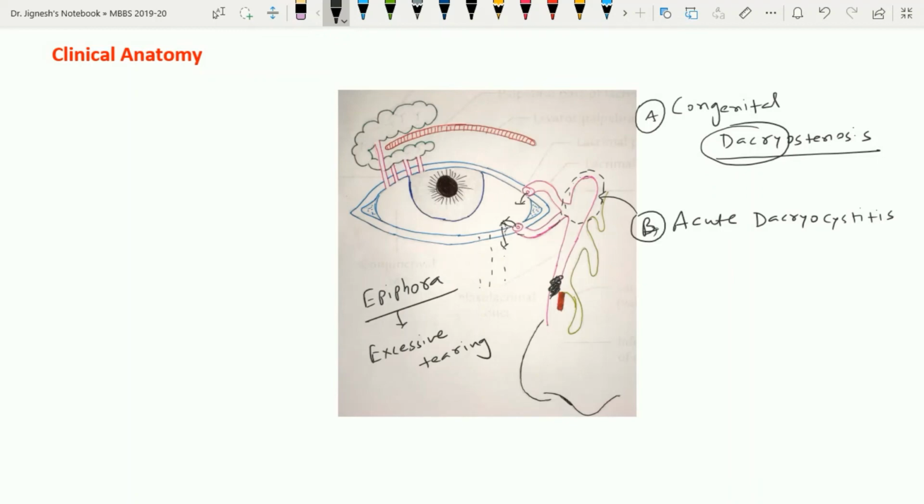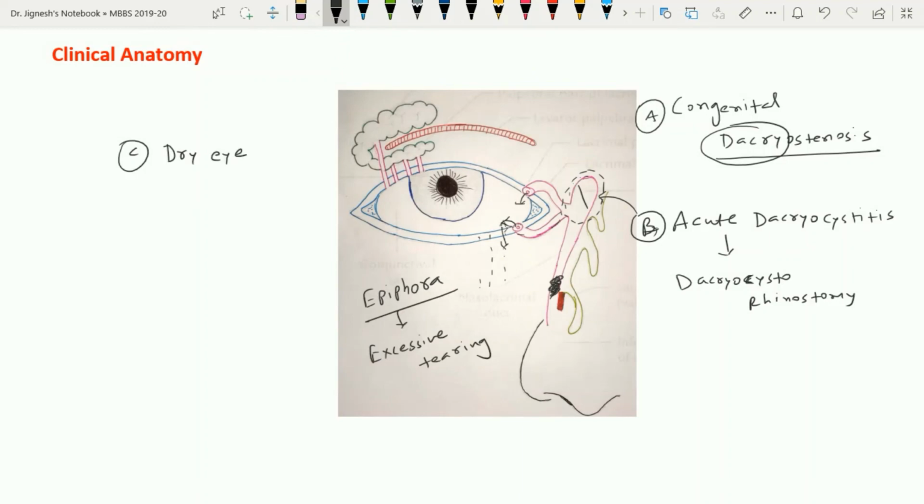In this condition, the surgeon opens up the lacrimal sac and relieves the pus, and that procedure is called dacryocystorhinostomy.